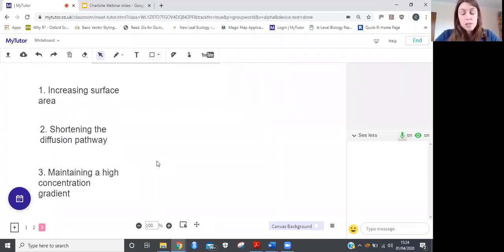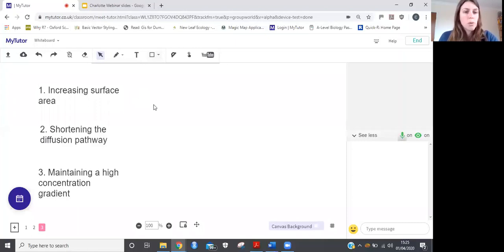Why do we do this? This is really important for respiration. So once the oxygen has left the air in our lungs, gone into the blood, it's transported around our body and taken to our muscle cells where respiration takes place. And this is what gives us the energy to move and to function. So gas exchange in the lungs is a really important part of that.